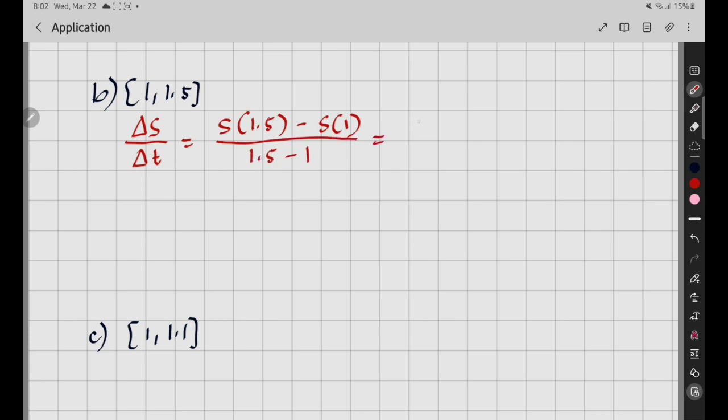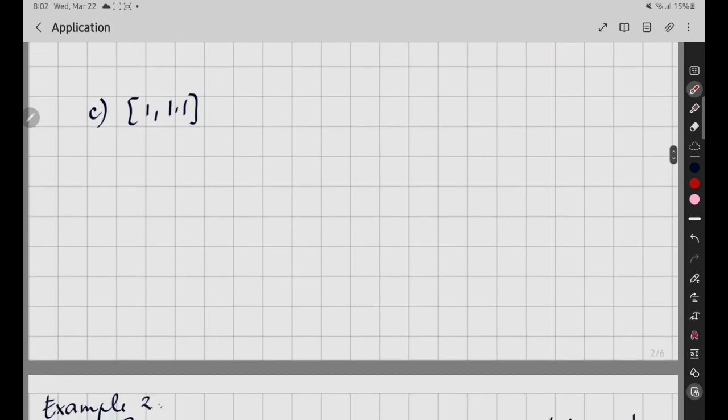So that would give us 64 minus 84 over 1.5 minus 1, which is negative 40 feet per second. And lastly, we have from 1 to 1.1.